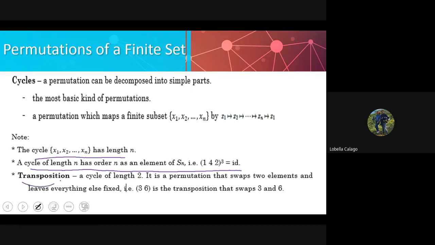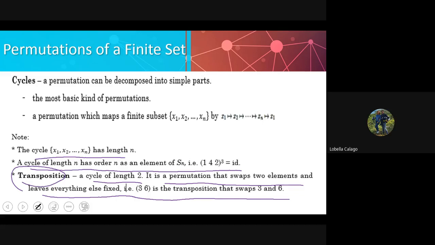Okay, transposition. Meron din tayong term na transposition. So, pag ang cycle mo is length 2, transposition po yan. So, it is a permutation that swaps two elements and leaves everything else fixed. That is, (3 6) is the transposition that swaps 3 and 6. So, paano natin makakuha ang cycle? Di ba sinabi dito, a permutation that can be decomposed into simple parts.